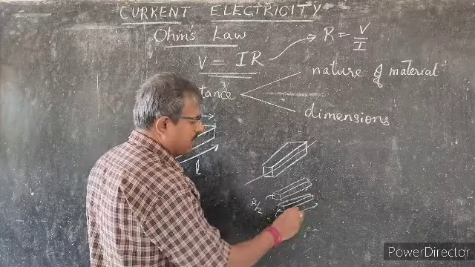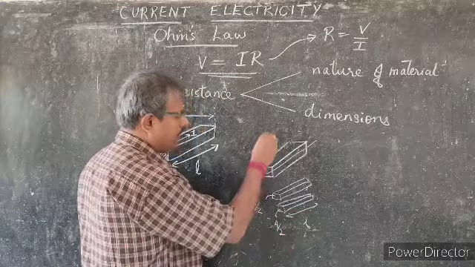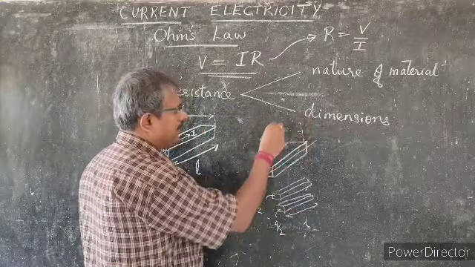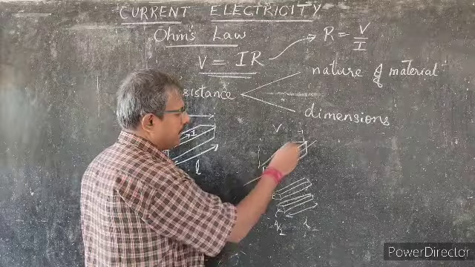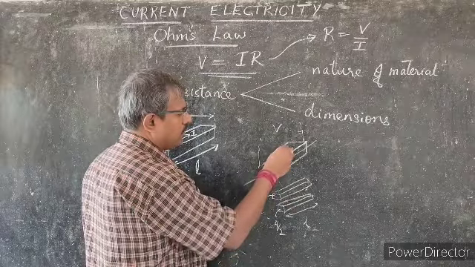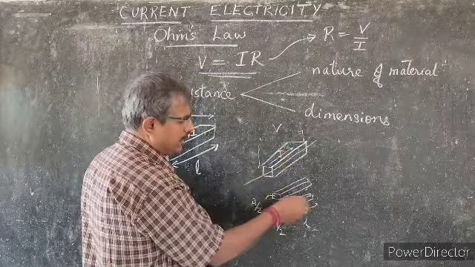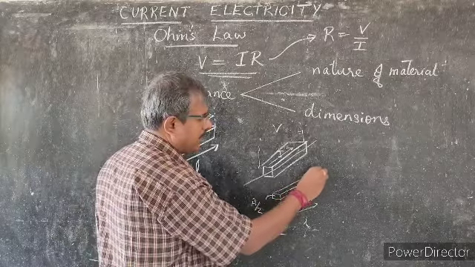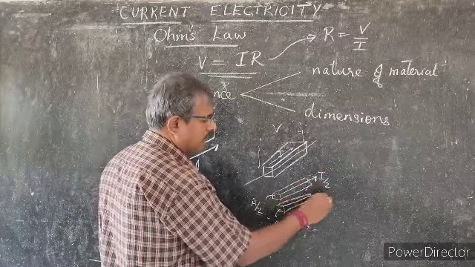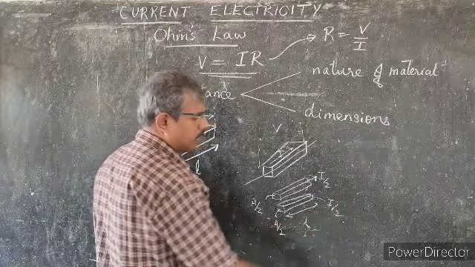The length of both these pieces is still L. The voltage that's applied across these pieces is still V, and the current that's flowing, which was originally I, now it has been split into half. So the current that's flowing here is I by 2 and the current that's flowing here is I by 2.